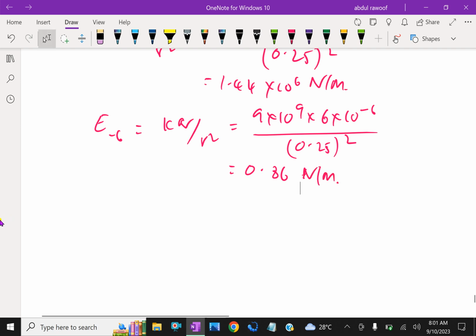Here the charge is negative, so the electric field at point P is directed to the right.